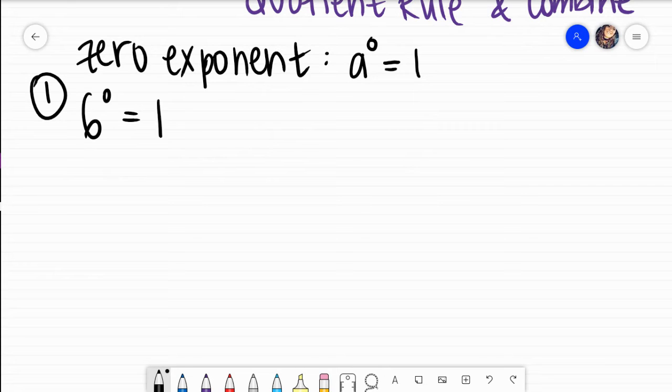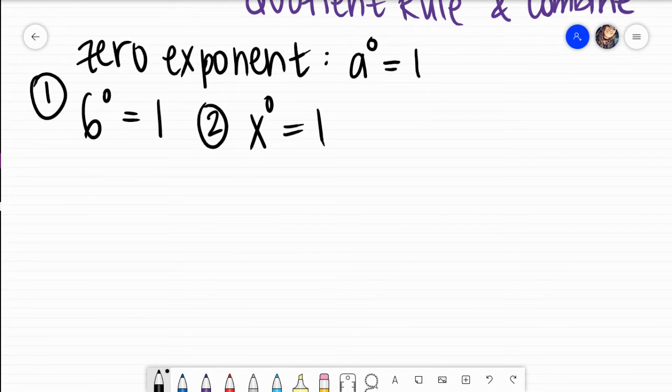So you just write 1. Okay, I'm going to do an example with a variable. Say we have the variable x raised to the 0 power. Here, our base would be the variable x. Because it's being raised to the 0 power, anything raised to the 0 power is just 1.